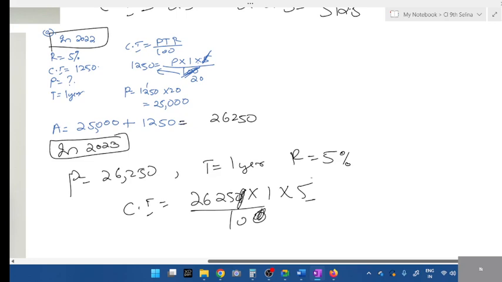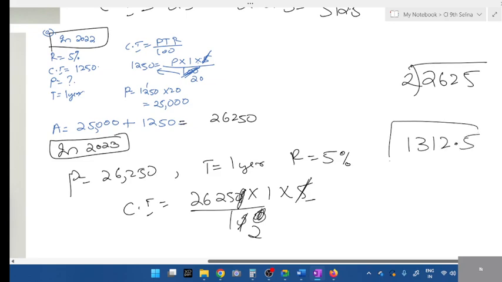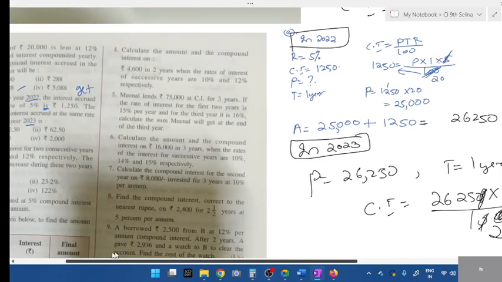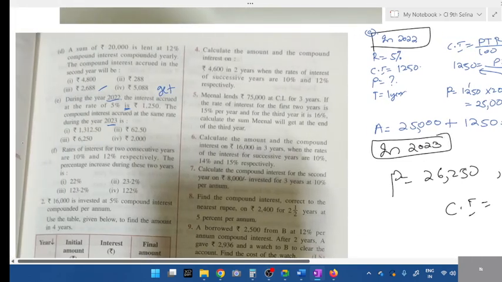1010 gets cancelled. How many times 5 goes in 10? 2. 2625 divided by 2. Okay. 1312.5. What about you, Alia? Got it? Oh, correct. Answer is right. Do you have the textbook answers with you, Alia? Can you just check first? We have done 5 questions.